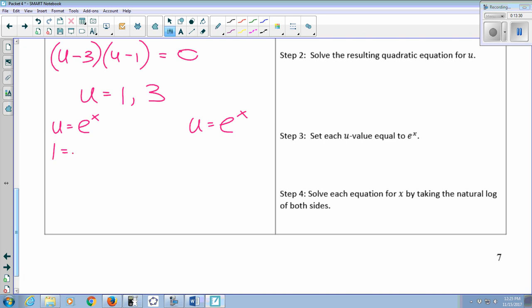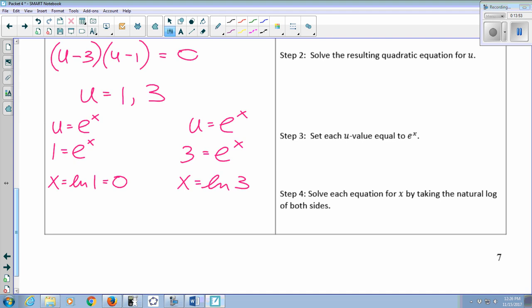So I get 1 equals e to the x, or 3 equals e to the x. We take the ln of both sides. So I get x is the ln of 1, which is 0. And here I get x is the ln of 3.